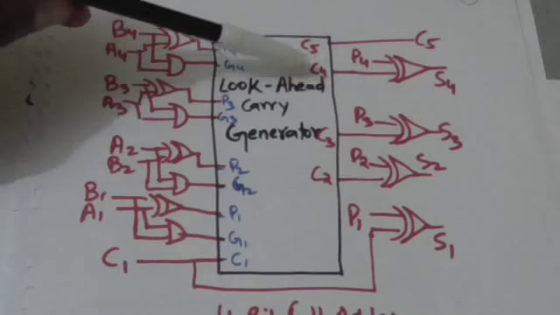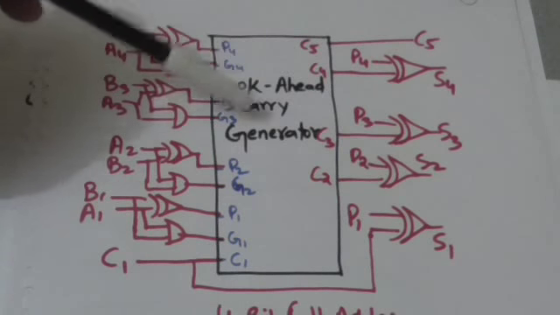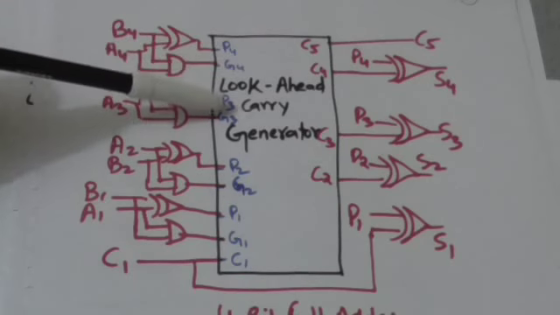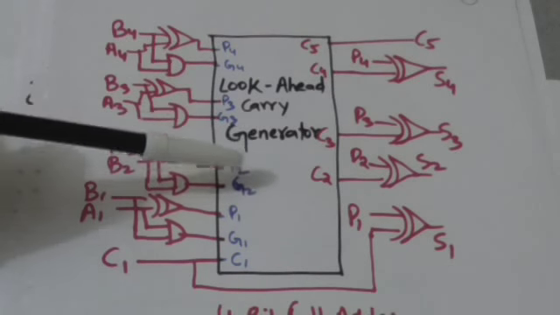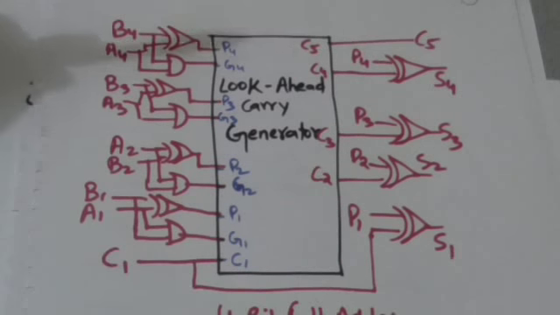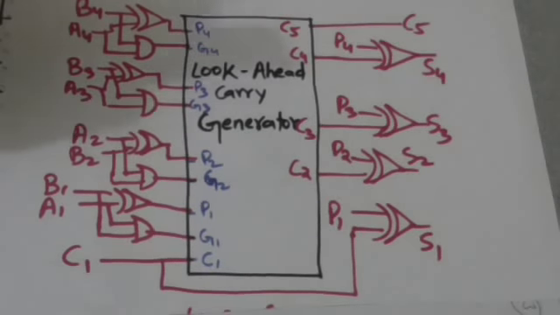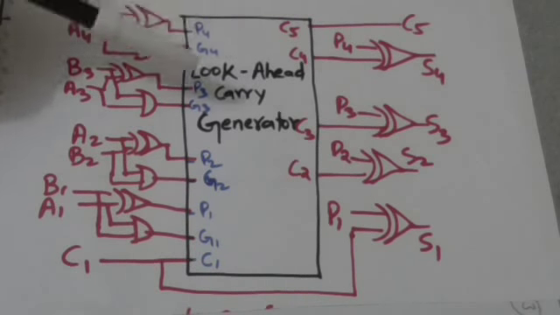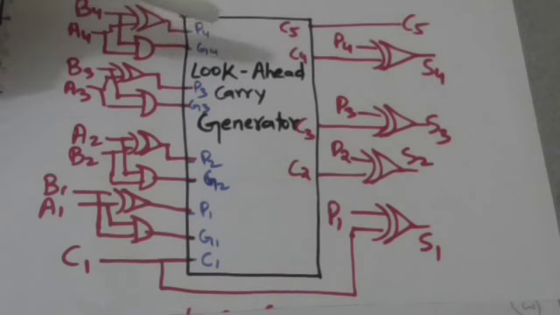So the input variables of look ahead carry generator are P4, G4, P3, G3, P2, G2, P1, G1 and C1. Now the outputs of these exclusive OR and AND gates provide the values of input variables of look ahead carry generator.